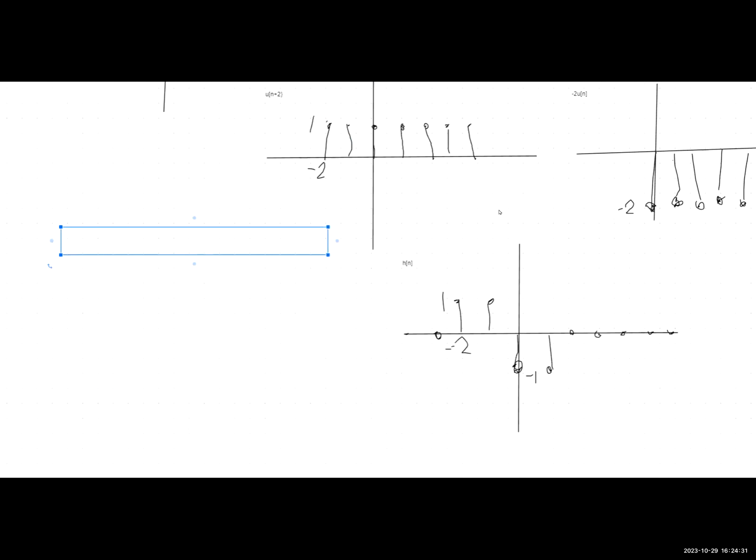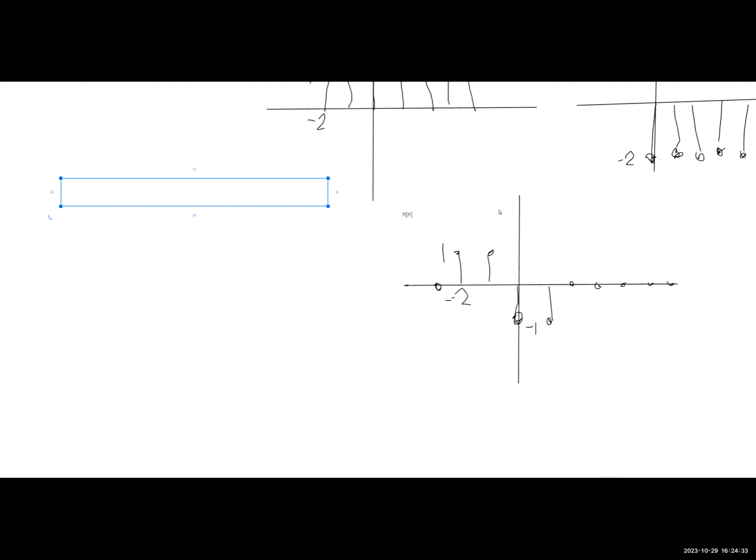Okay, and so to find y of n, we have to look at h of n and transform it according to these transformations.